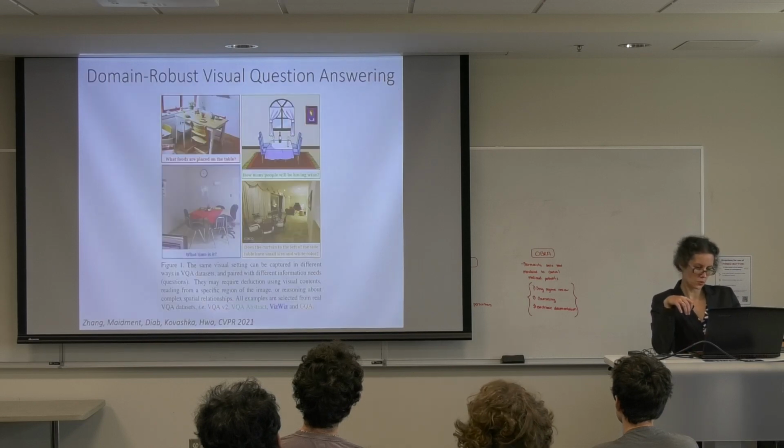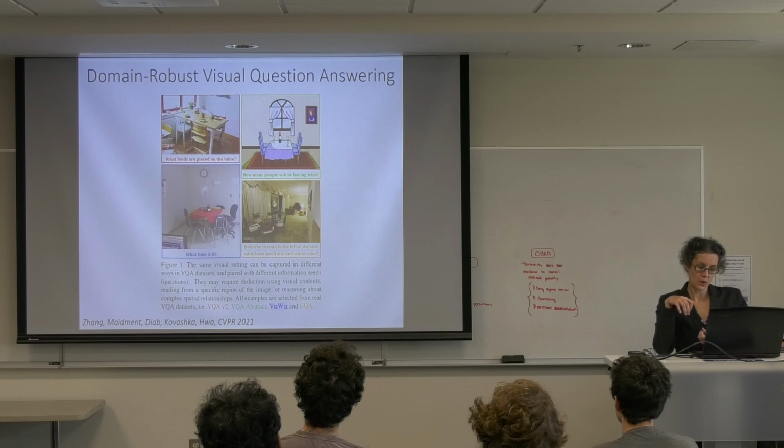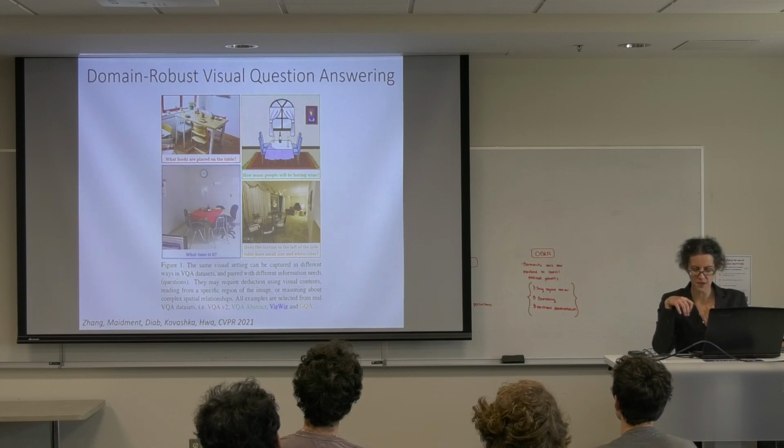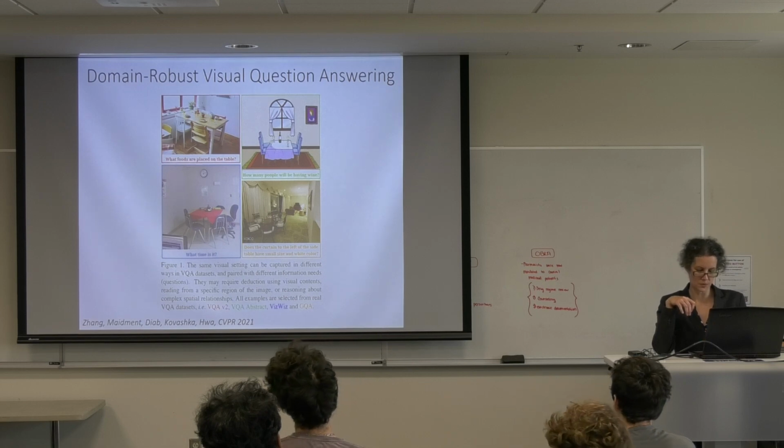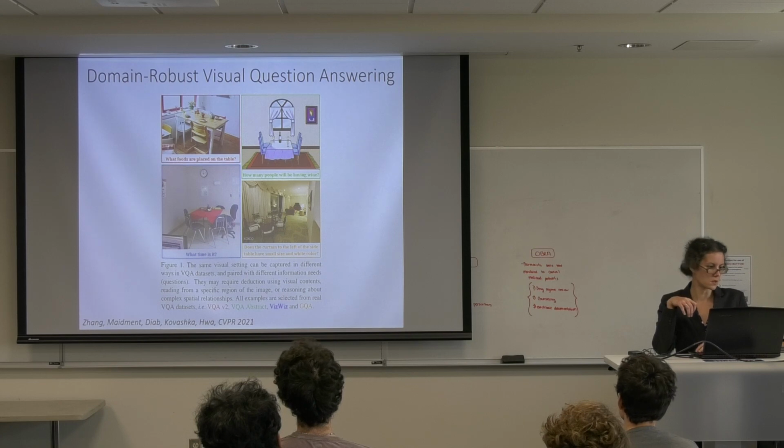Then we looked into doing reasoning in a domain-robust way, where you maybe train on one data set and are expected to do well on another. Here, this is visual question answering, and we're showing roughly a fixed setting like a dining table, but different data sets will have different visual appearance and questions will have different information needs. We explore different ways to be robust to these changes, such that the knowledge you acquire is somewhat general.